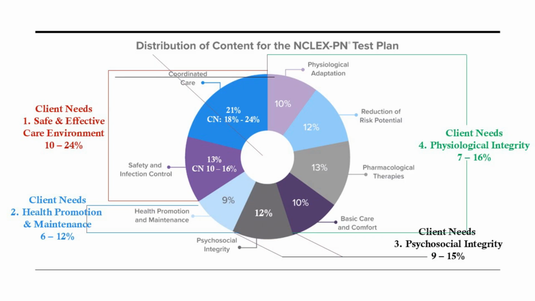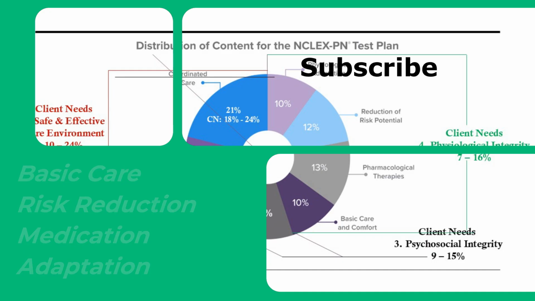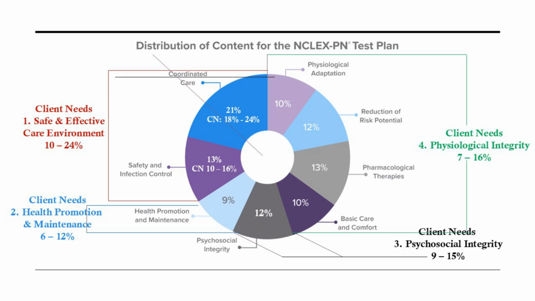It encompasses providing basic care, administering medication, reducing the risk of them getting sick again, and supporting adaptation to health changes. So the content of this category, the client needs questions that pertain to you specifically with your client, is 7 to 16%.